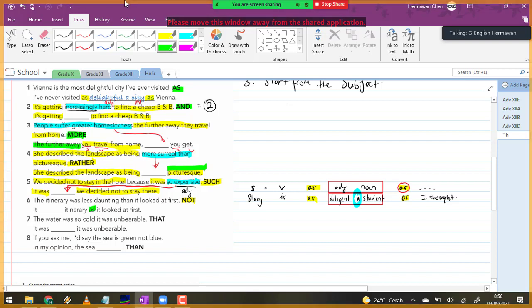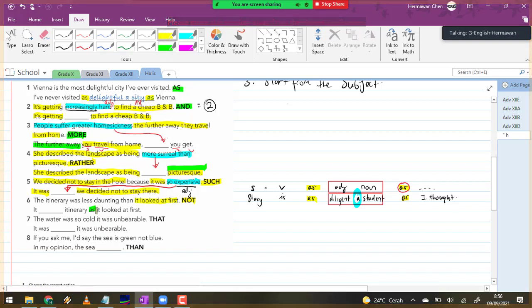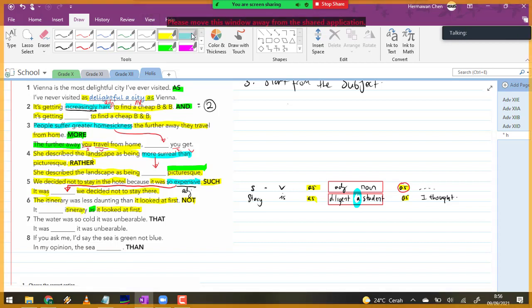As it looked at first, are the same. The itinerary has been taken as well here. This one, less daunting than, hasn't been used. It means you have to put it here in the blank.